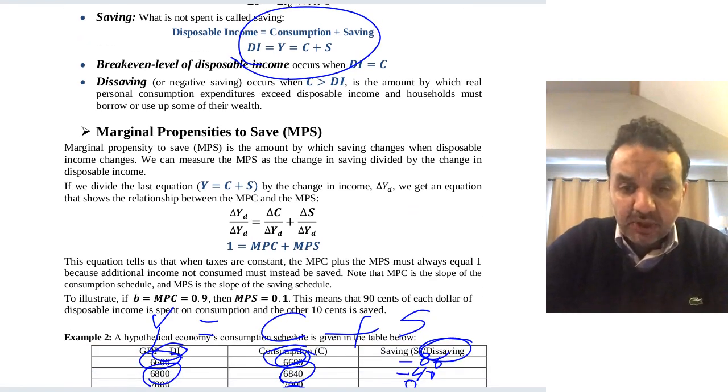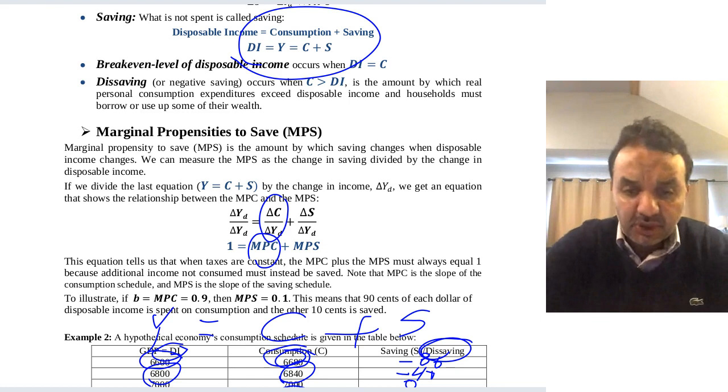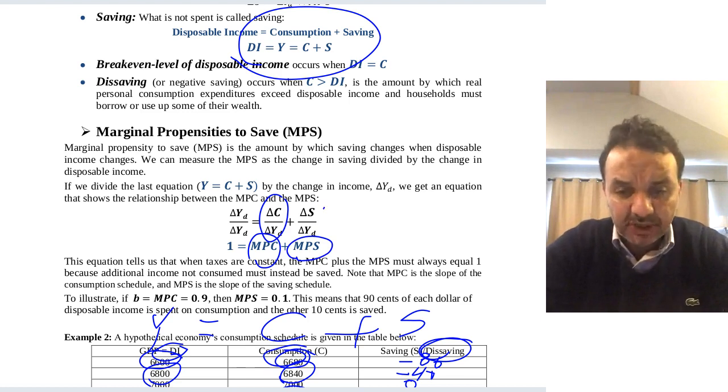Okay, let's have another formula here. I already explained that marginal propensity to consume is the change in consumption over the change in income, right? So we have another formula, which is marginal propensity to save, which is the change in saving over the change in income.